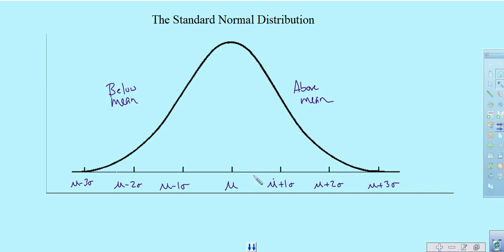So what does that mean? That means that right here this is plus 1 standard deviation, this is plus 2 standard deviations, this is plus 3 standard deviations, this would be minus 1 standard deviation, minus 2 standard deviations, minus 3 standard deviations.